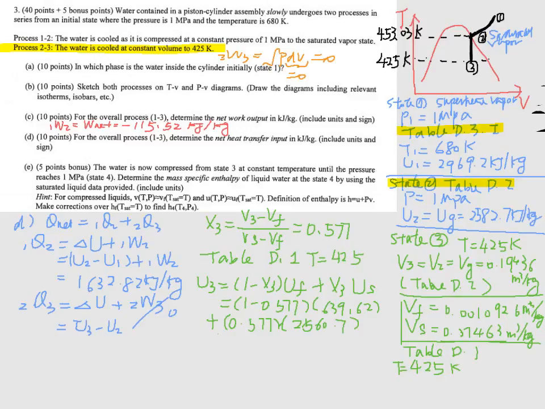So if we do all the math, we should get 1,632.82 kilojoule per kilogram. So that's the internal energy at state 3. Now we can plug all these numbers back into this equation, and then we'll get negative 949.88 kilojoule per kilogram for the heat from 2 to 3.